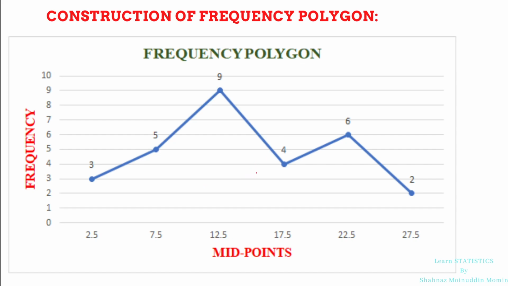After that we extend the curve on both sides at a distance equal to half of the class interval. Since this example has a class interval of 5, half of the class interval is 5 by 2, which comes out to be 2.5.